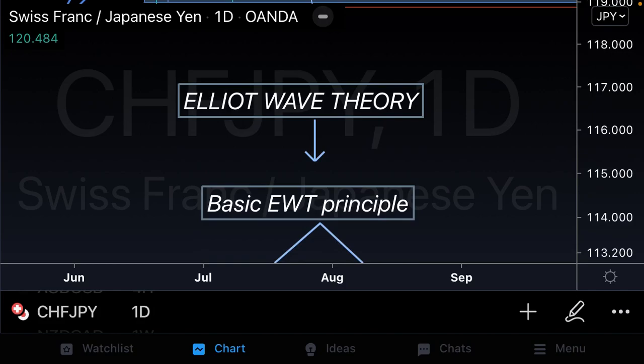Now, before we start, we have to give some credit to Ralph Nelson Elliott, who is obviously the guy who came up with and discovered this amazing principle. Now, Elliott concluded that the movement of any stock market could basically be predicted by observing and identifying repetitive patterns of waves.